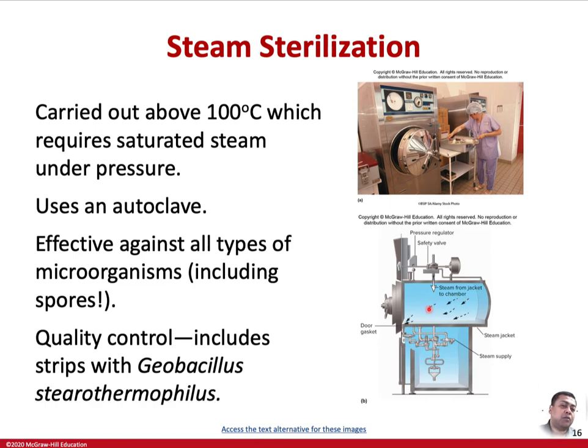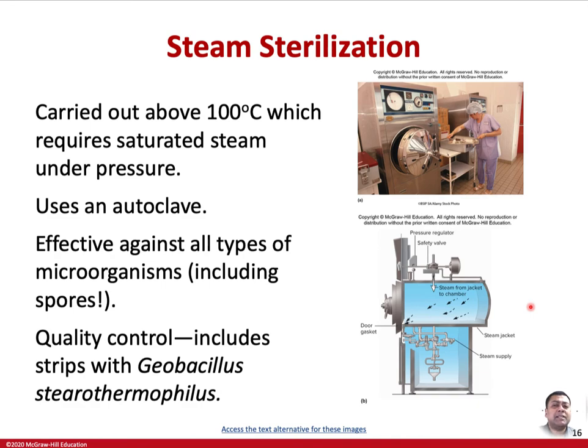But still, there could be some problems with that. It is not the best process. If there is a very sensitive process where you need to know whether the sterilization standard is maintained or not, then you can buy ampules which contain a bacterium known as Geobacillus stearothermophilus.